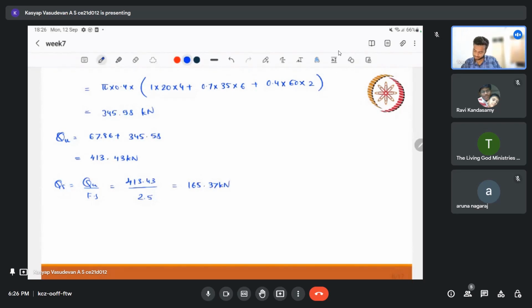Okay. So here one thing that we can observe is the cohesion in the shearing part: the shear resistance is quite high when compared, so it's contributing a lot.